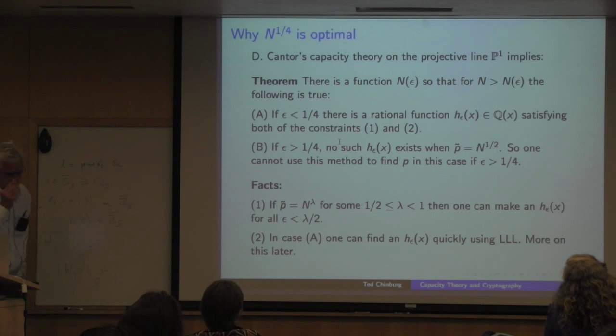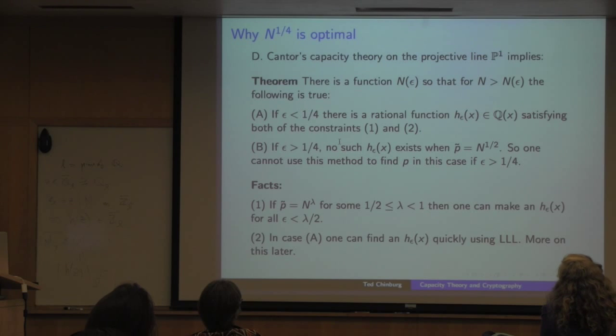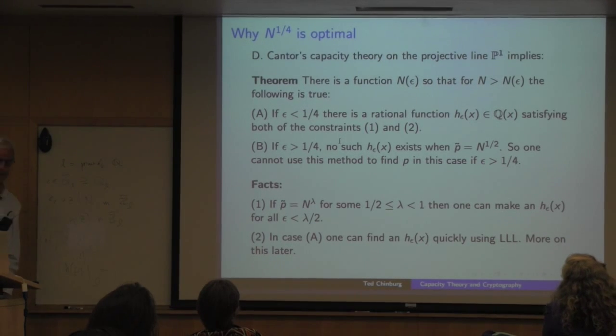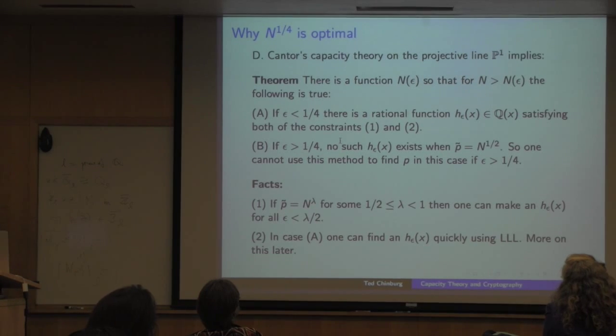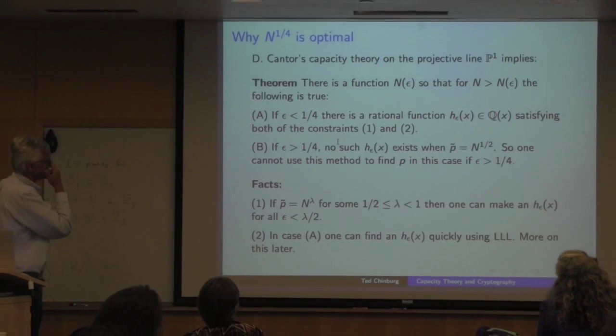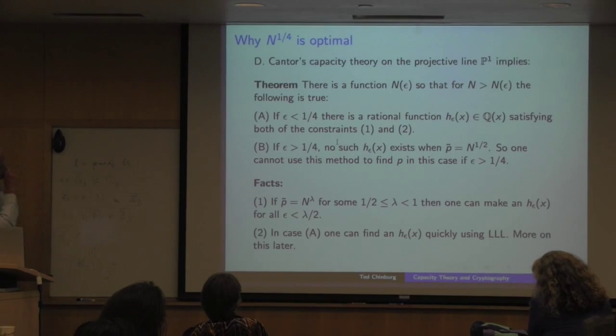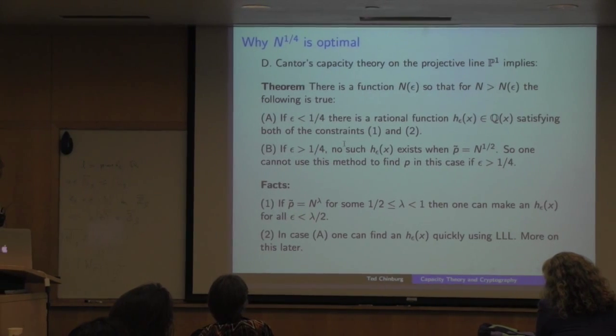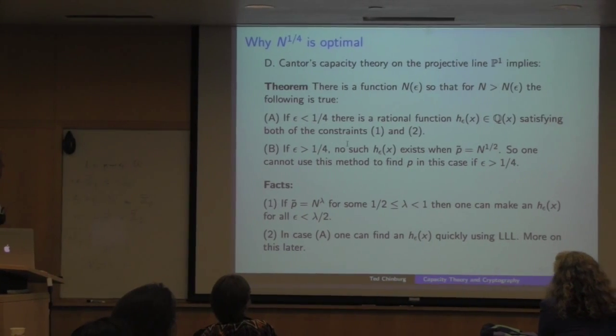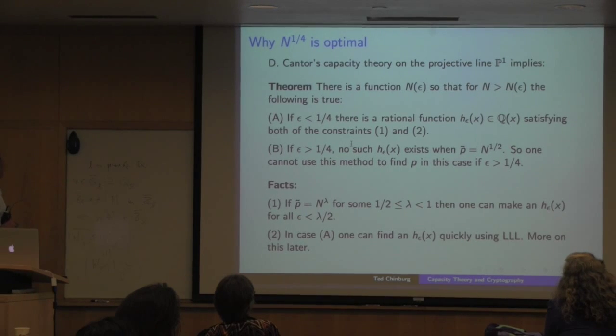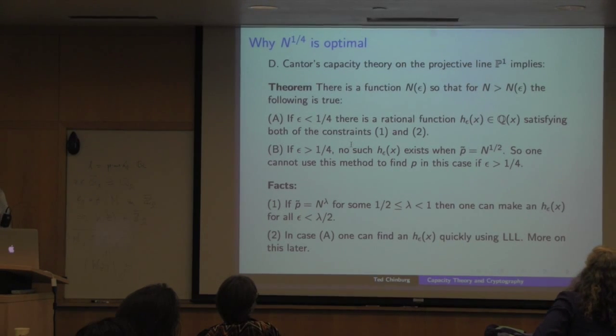Okay, so let me explain why epsilon equal to 1/4 is optimal. You cannot find that kind of rational function if I take n^epsilon with epsilon bigger than 1/4. All we really need is this nice, beautiful paper of David Cantor from 1981. He dealt with capacity theory on the projective line.